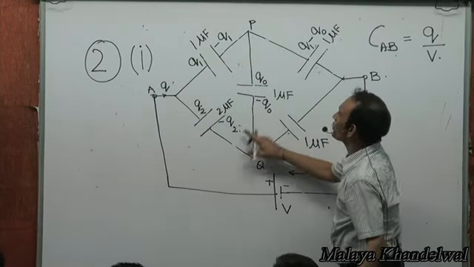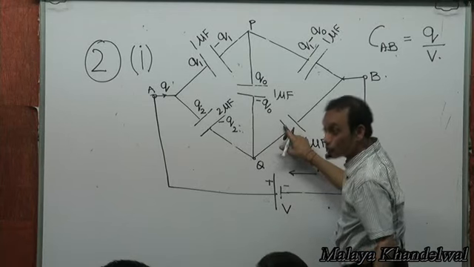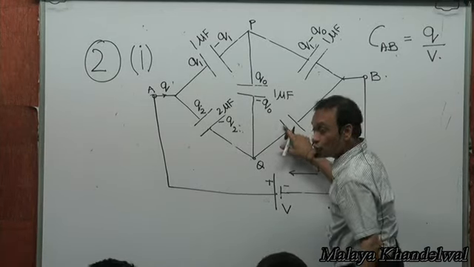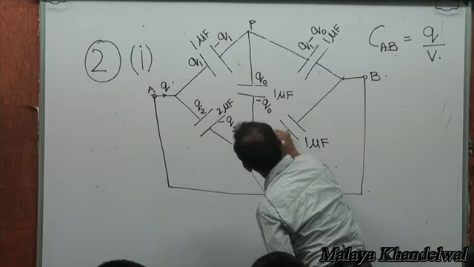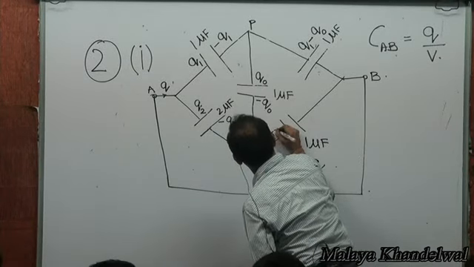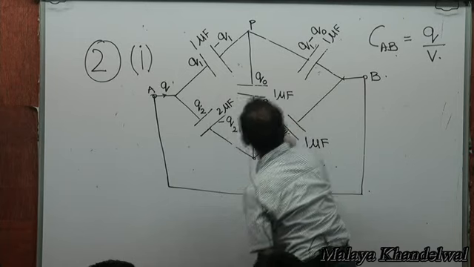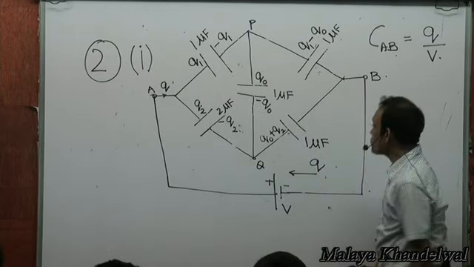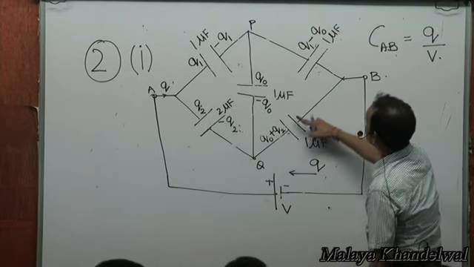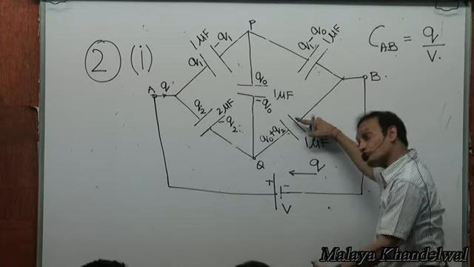If this is minus Q0 and this is minus Q2, then this must be Q0 plus Q2. Now, if this is Q0 plus Q2, how much must this be? Minus of Q0 plus Q2.